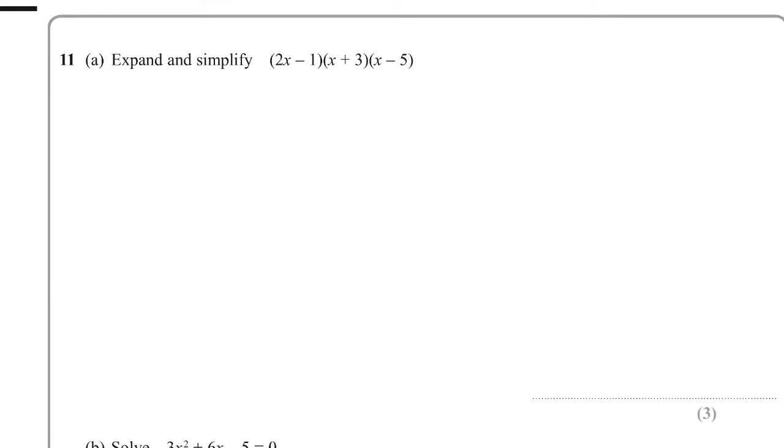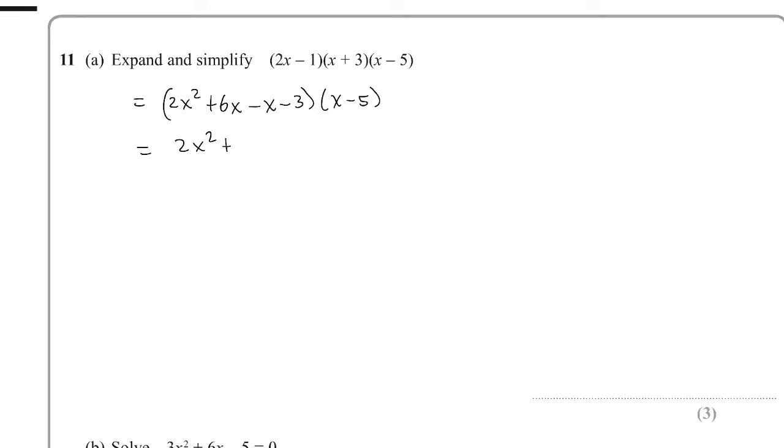In 11a, we need to expand the triple bracket. I can start with the first two. So I'll be 2x squared plus 6x minus x minus 3, and then x minus 5. I will first collect the like terms in the first set of brackets.